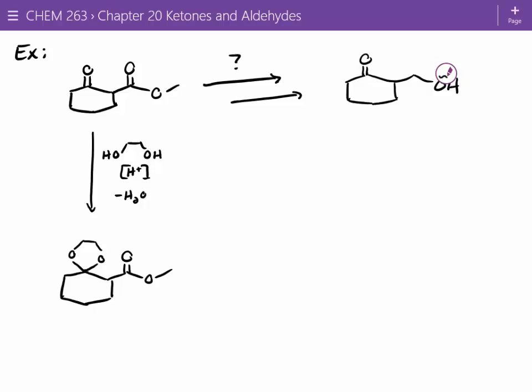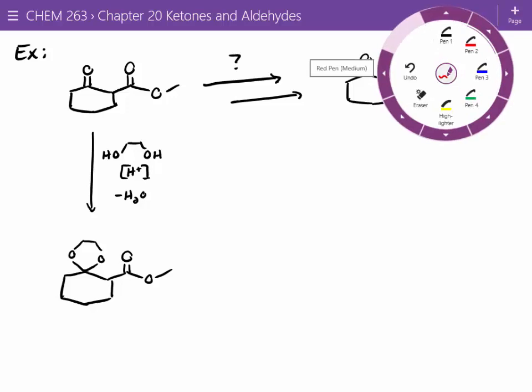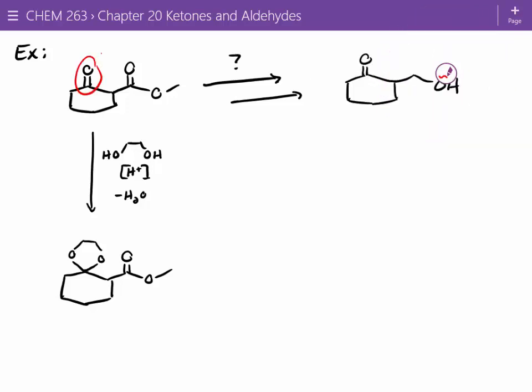It won't work on carboxylic acids or esters. So in this case, we take the ketone, which is more electrophilic, and we can install a protecting group. I'll just abbreviate that PG.